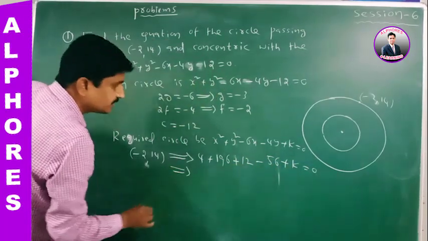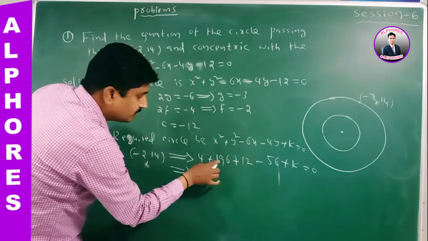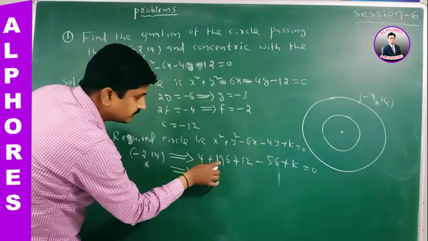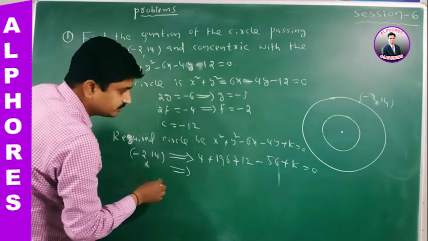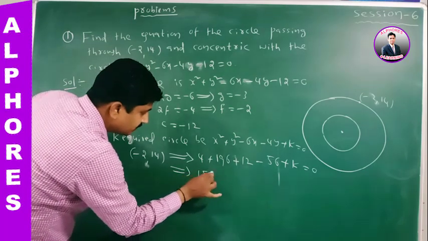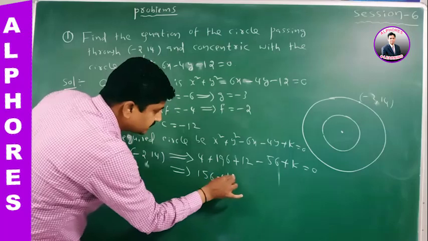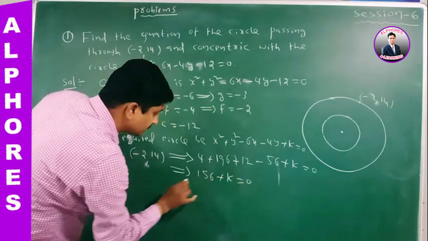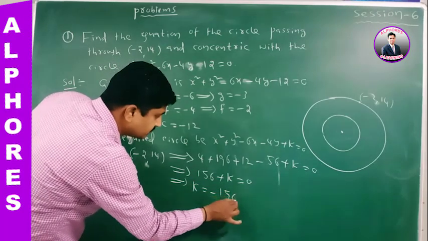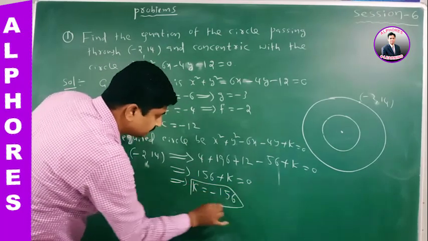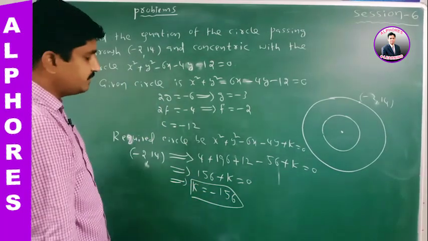Next step. Here 200 plus 212, 212 minus 56, here 156 + k = 0. Therefore, k equals -156.